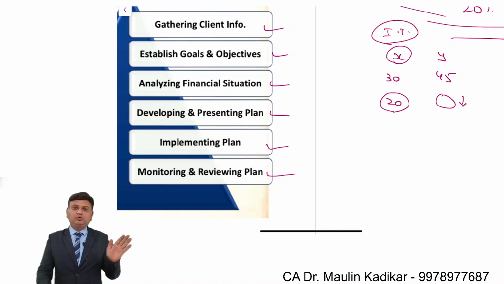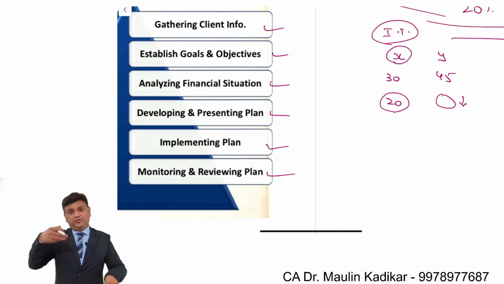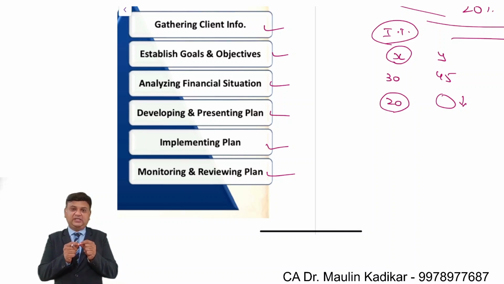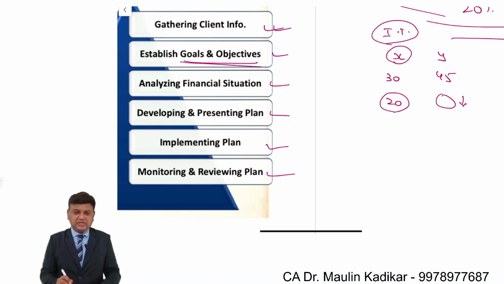You may lose your job because that sector is going down and even your portfolio is falling down. So you should not have a connection like this. You should make investment into separate sectors. That is what gathering of the client information, establishing goals and objectives means.